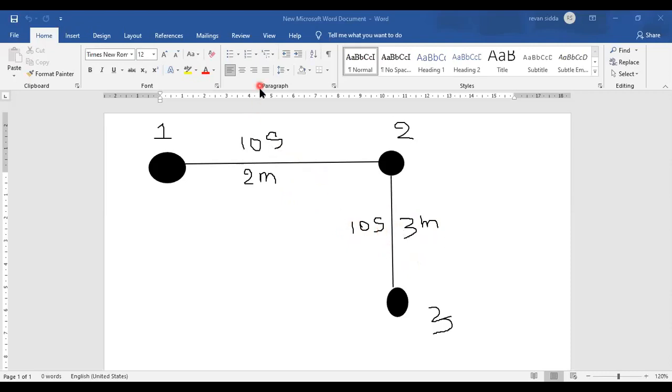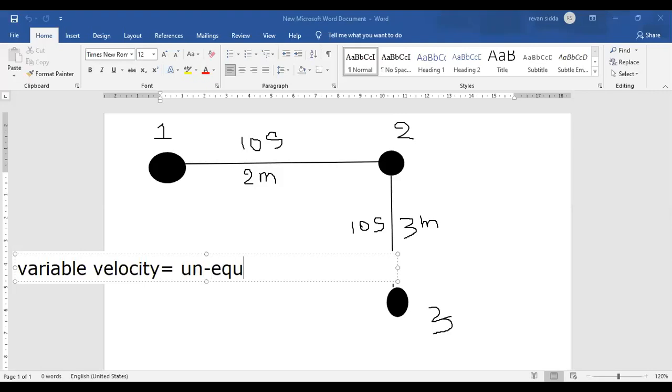So what we can tell is variable velocity. Variable velocity equals unequal distance, or else unequal displacement.